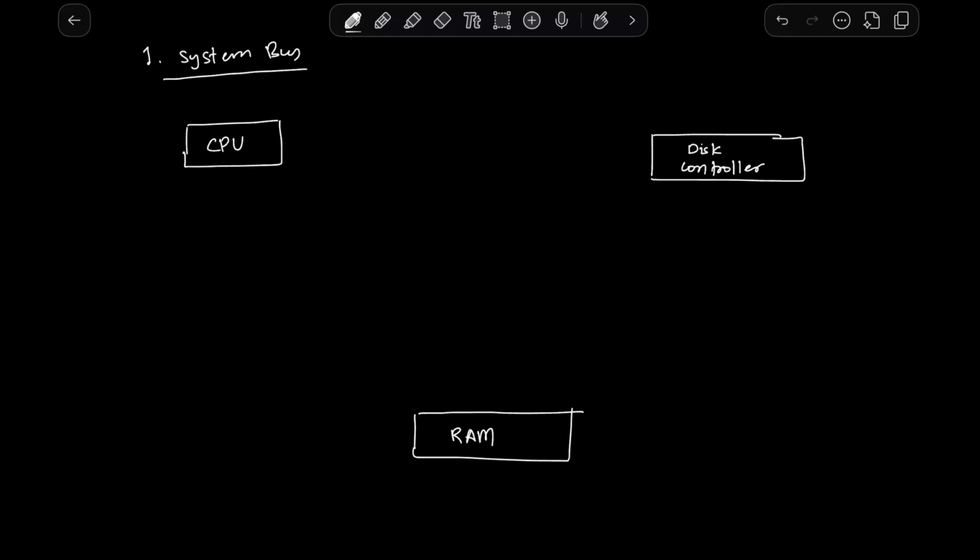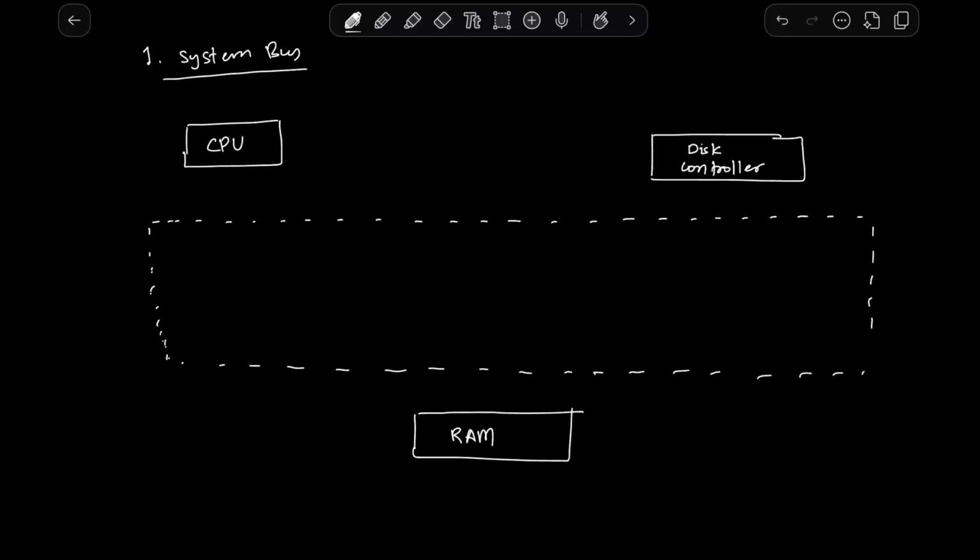Now for all these components to communicate, we have the system bus. Let's first draw it and we'll talk about it then.